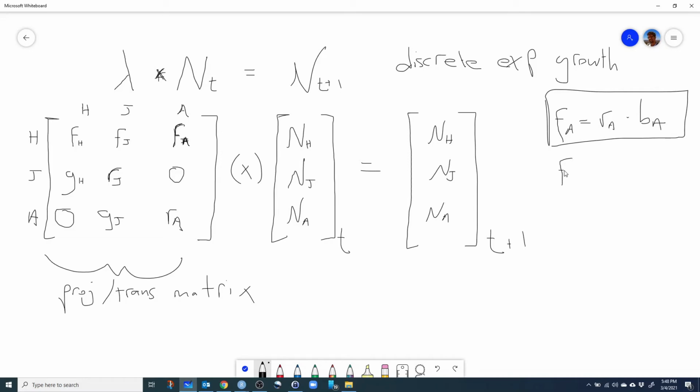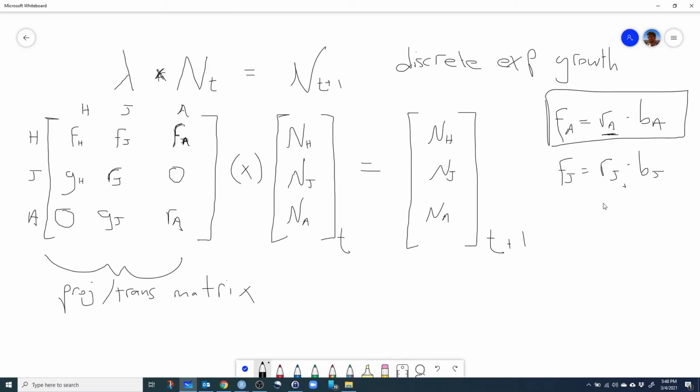This is a common error that people who are putting matrices together fail to account for the survival term. The juvenile is even a little bit more complicated. So the fecundity of juveniles is equal to, you have the retention of juveniles. So if you survive and stay juvenile, then you might produce offspring as a juvenile at a rate that might be lower than the adult rate.